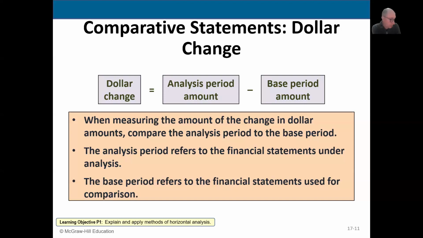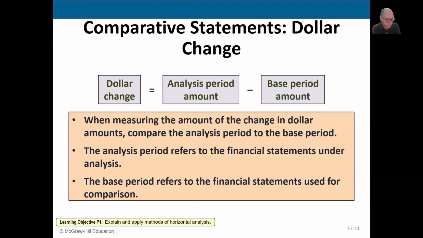Let's say we have 3 years of data that we're comparing. The way I do it is I take the analysis period amount, we'll say the current year, subtract that from the base year. The base year refers to the oldest data found on that financial statement.